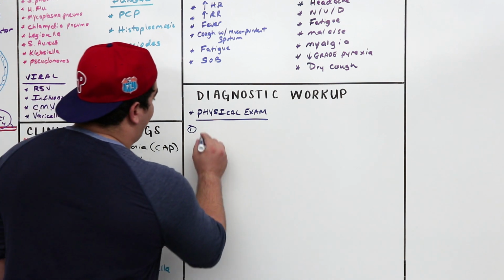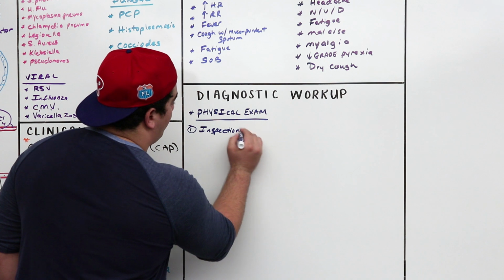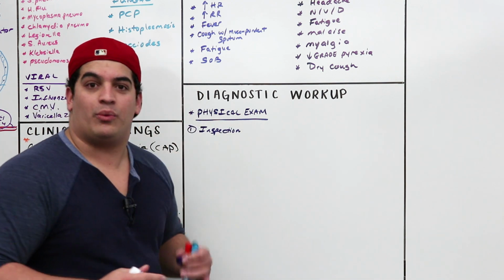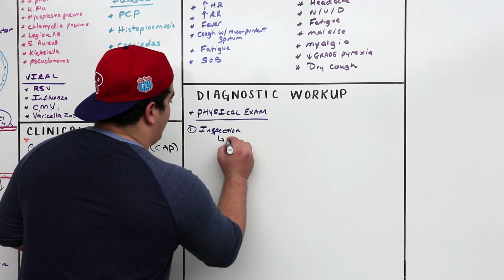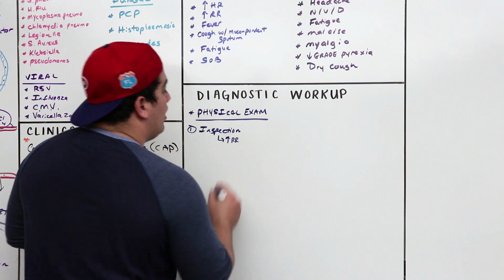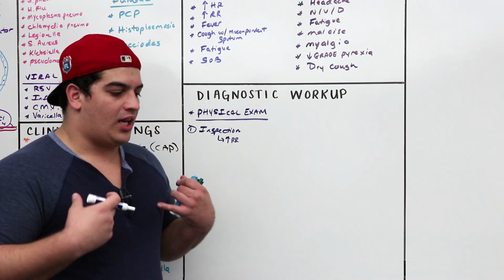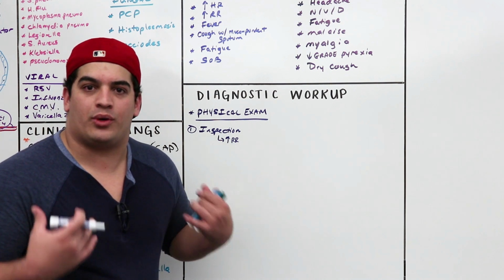Now, upon inspection, what are some things that you would generally see with a patient who may be showing signs of typical pneumonia? We already said increased respiratory rate, right? So they could be showing signs of increased respiratory rate. Now, with that increase in respiratory rate, here's something that you might see. When someone's really having a hard time breathing, they start to utilize accessory muscles.